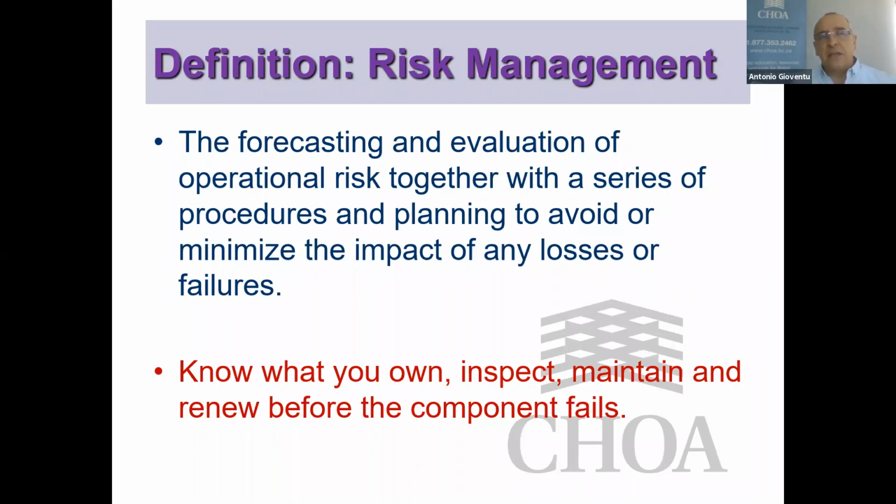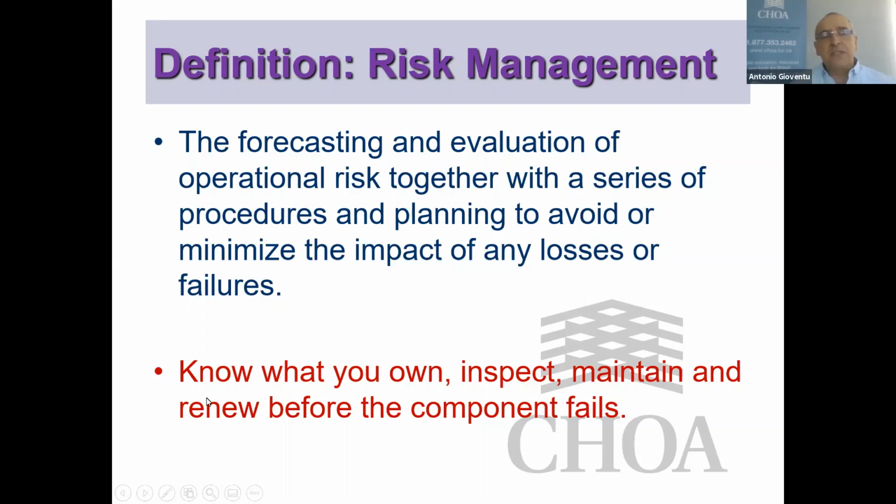And I think that's the heart of risk management. It's about forecasting and evaluating what all of your potential risks are going to be. What do you have to do to maintain and repair your property to reduce the impact of any losses? And this comes down to operations plans. Know what you own, know what you have to inspect and maintain, and renew before the component fails.